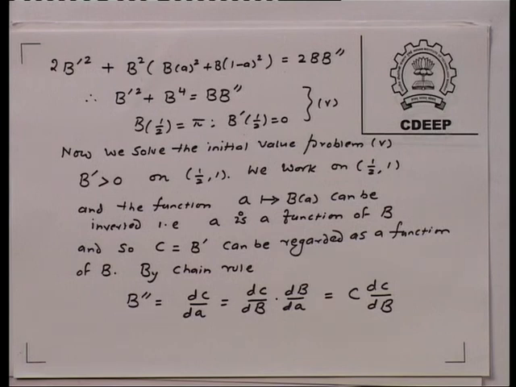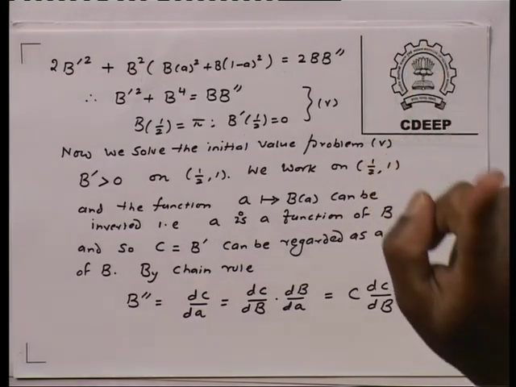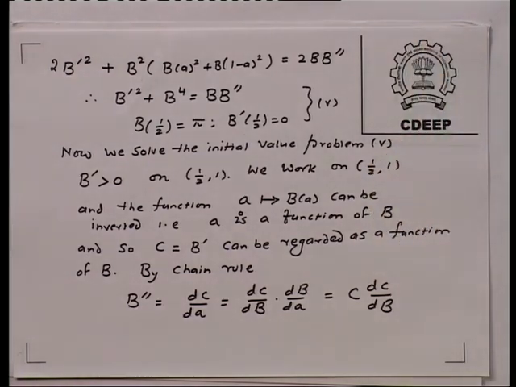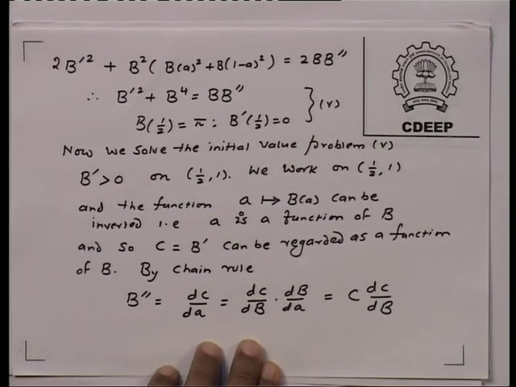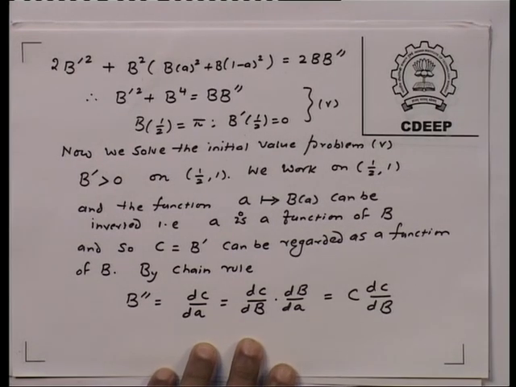And then the derivative, let us call the derivative c. The derivative is a function of a, but a is a function of b. So, b prime becomes a function of b. Let us call b prime as c, just for simplicity, it looks much nicer that way. So, now let us apply the chain rule. B double prime equal to dc by dA equal to dc by dB into dB by dA.